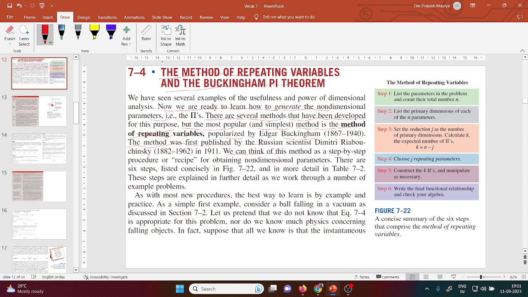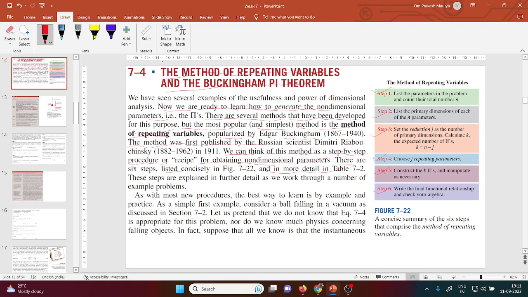We can think of this method as a step-by-step procedure or recipe for obtaining the non-dimensional parameters. These are the steps given here, and there are six steps in the figure.